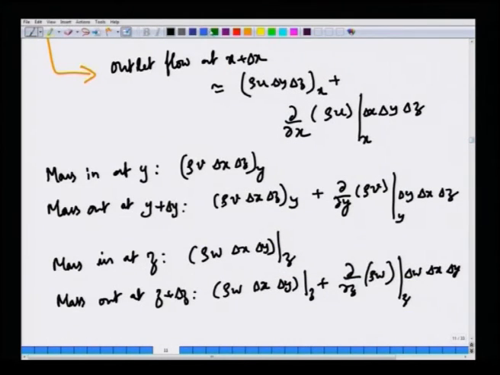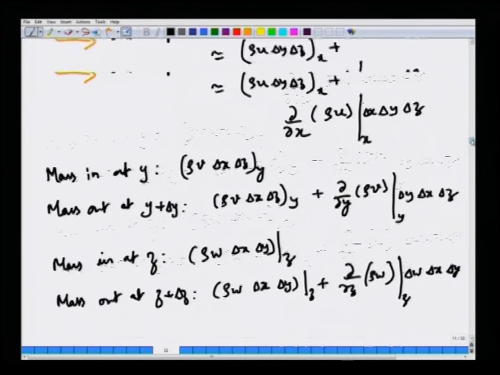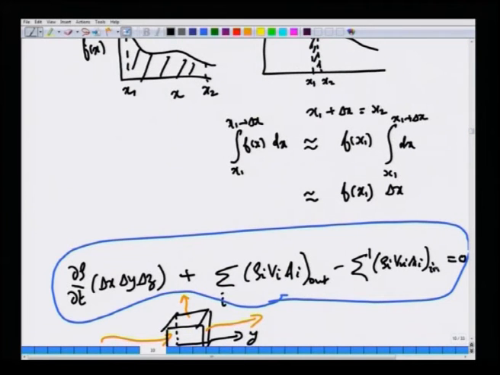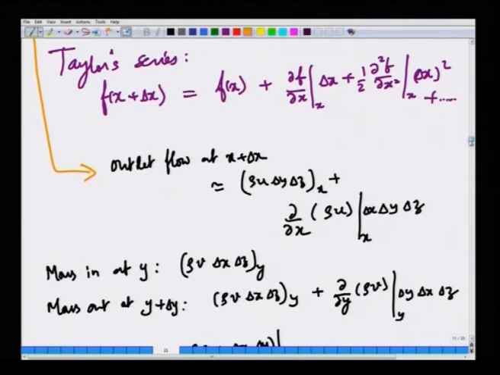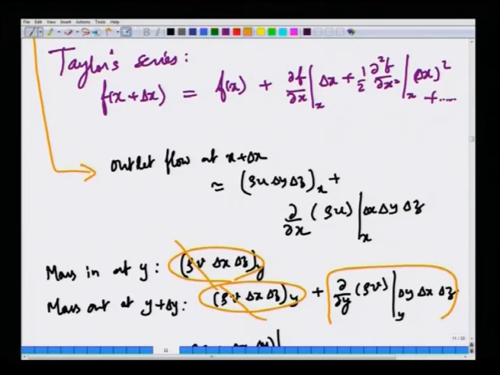If you look at these two terms, if I have to take mass in minus mass out, okay, so these two terms will cancel out each other, or rather if you look at the first equation, you have out minus in. So, if you have out minus in, then you will find that this term will cancel this term, because they are one and the same. So, the only term that is going to survive is this will be present.